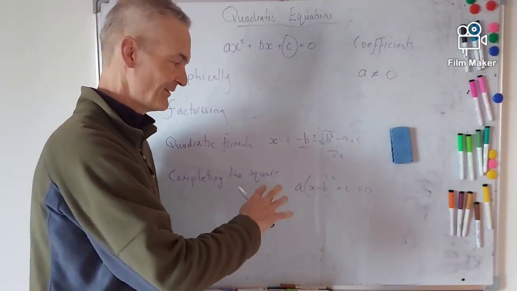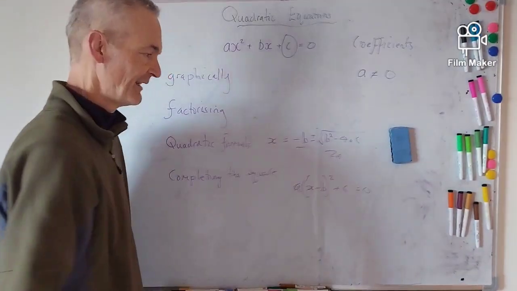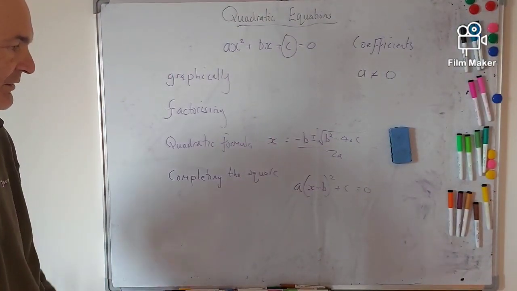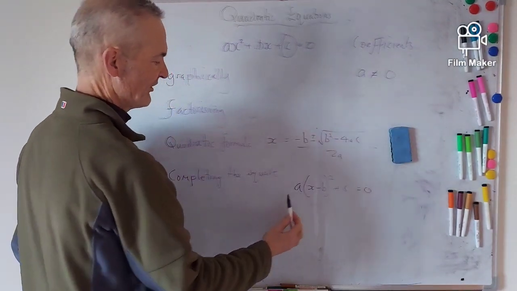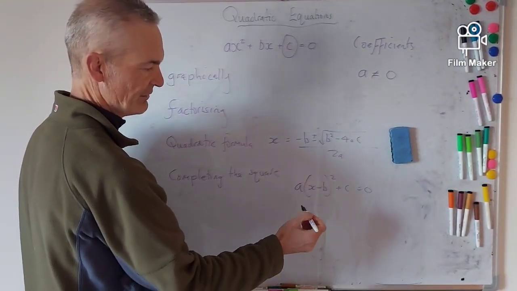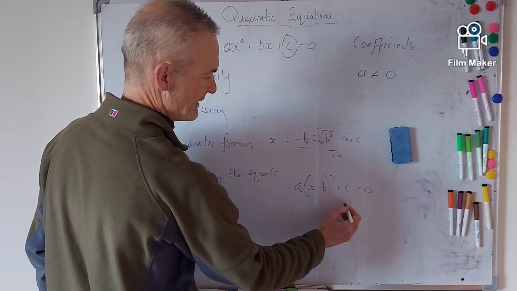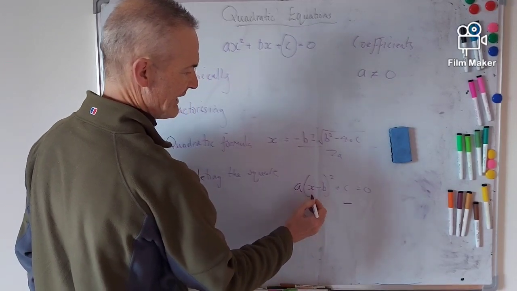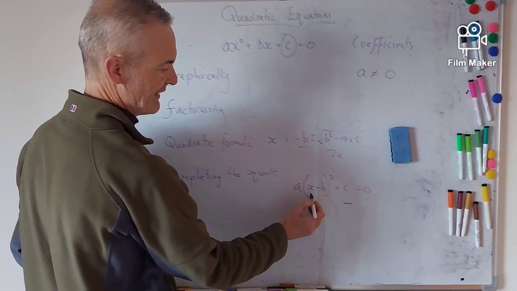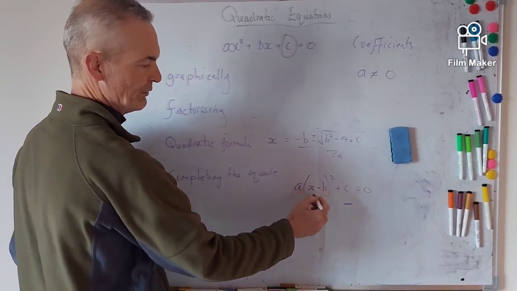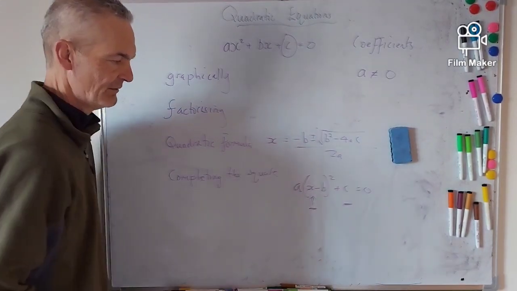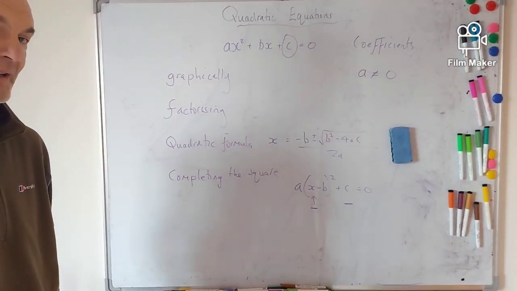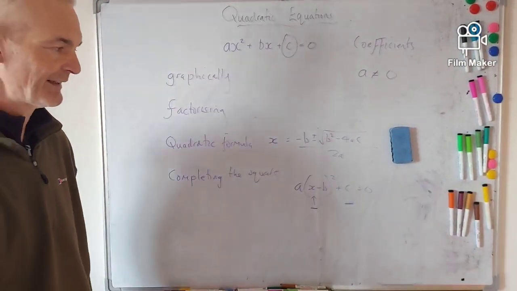I'll show a video on how to do this and how to solve them using that. It enables you to solve the quadratic, but the c coordinate here and the value of x that will make the contents of the brackets equal 0 will give you either the minimum or the maximum point on the quadratic curve.